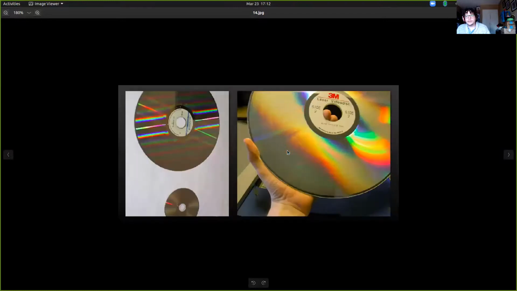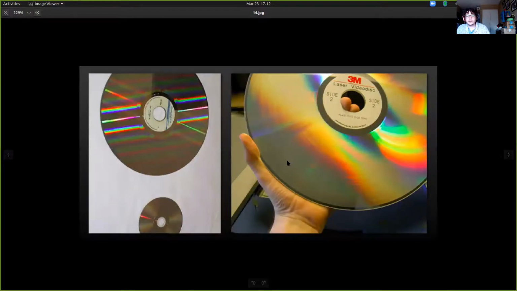Now, anybody know what this is called? A CD. Well, you'd be correct about the one in the lower left-hand side. That is a CD-ROM. But this big one here is obviously not a CD. A laser disc, yes.